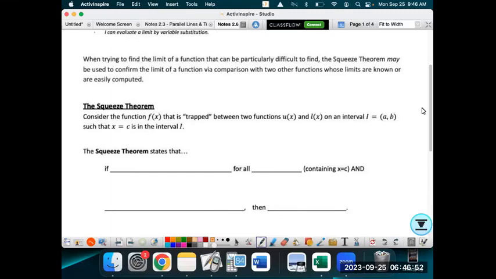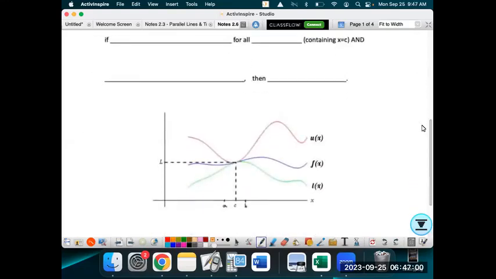It just needs to be trapped between those functions over some interval that has the x value c in it. And I have u of x and L of x used specifically to show that u of x is the upper function, L of x is the lower function, and that f of x is just between them on some interval with c in there.